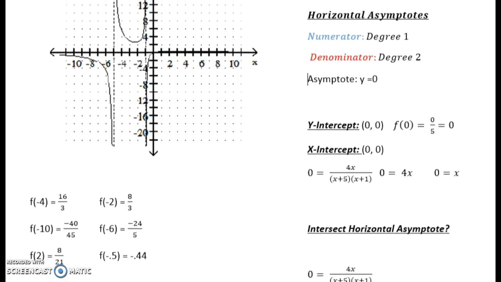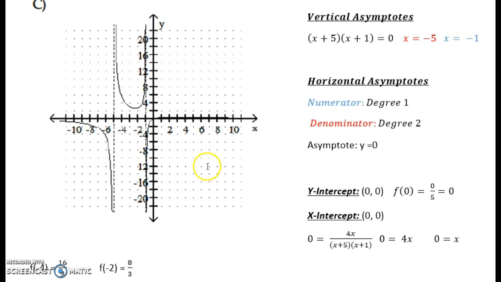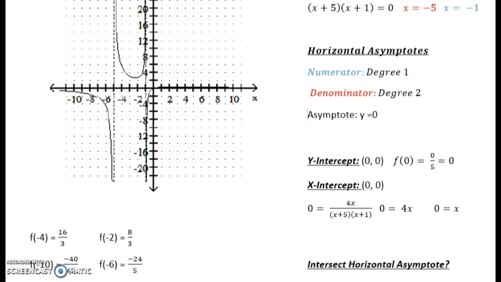So now what you want to do is look at the sections of the graph that are split up by these vertical asymptotes and plot a few points in those sections, and then you can draw a rough sketch of the graph. So let's look at this far left section. I just picked a couple points. Here they are.